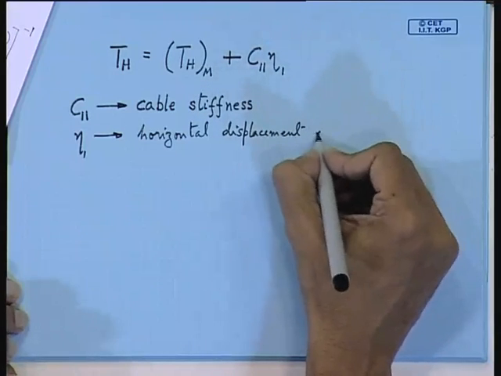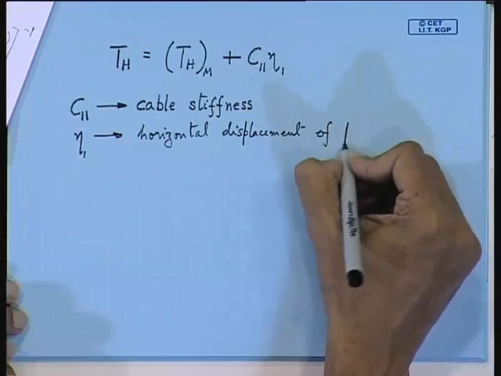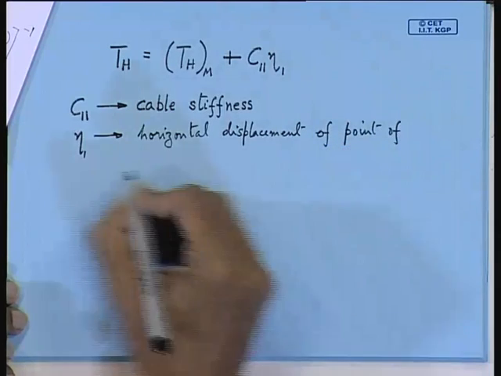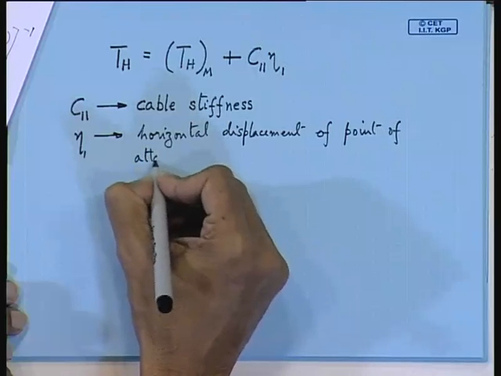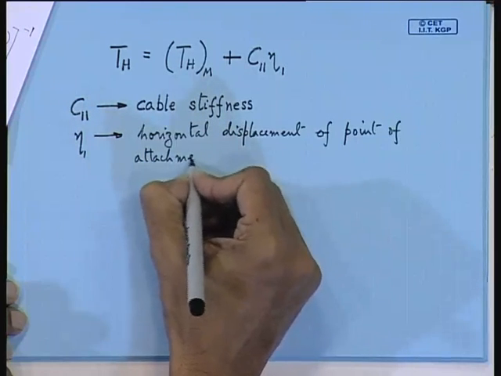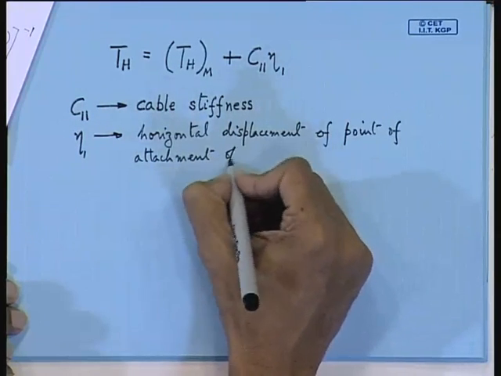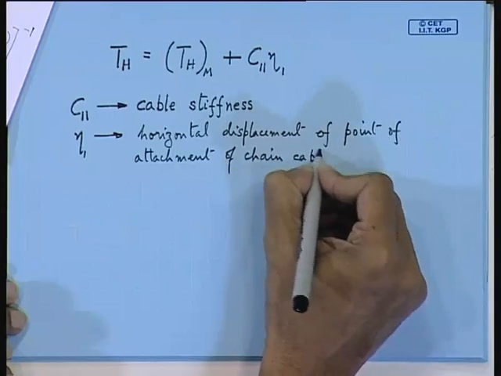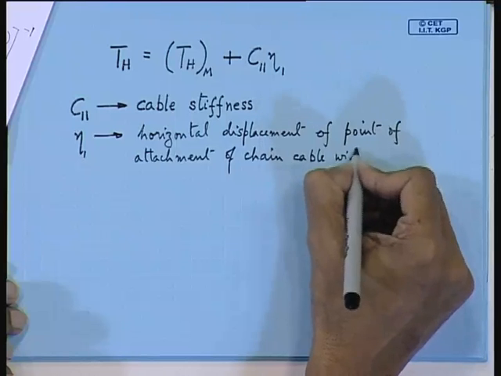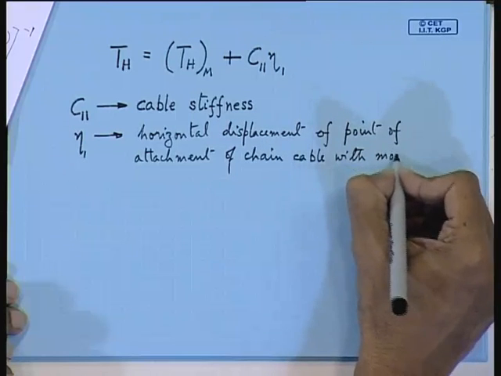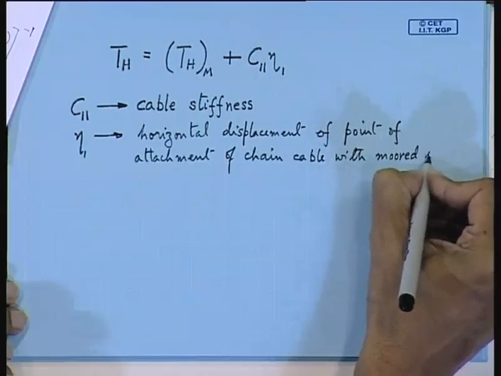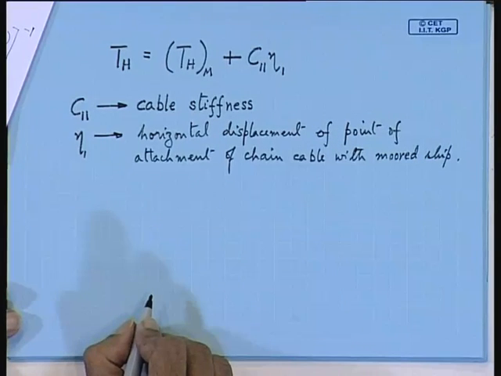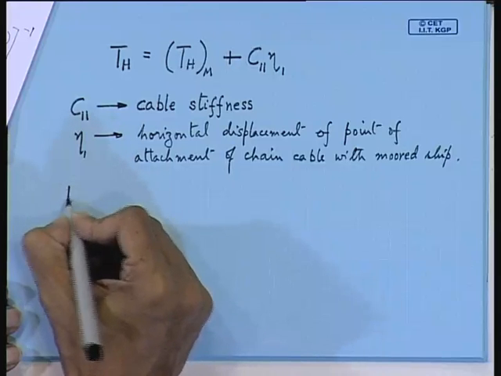Horizontal displacement of the point of attachment. Point of attachment of chain cable with the moored ship. Right? So find C11.